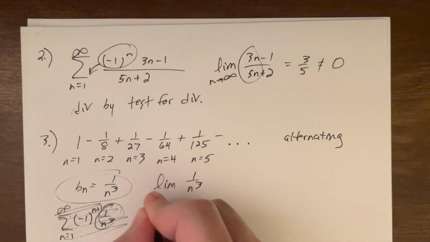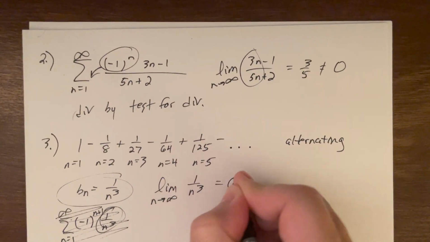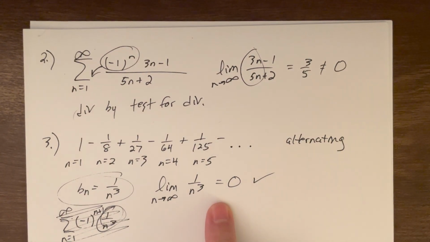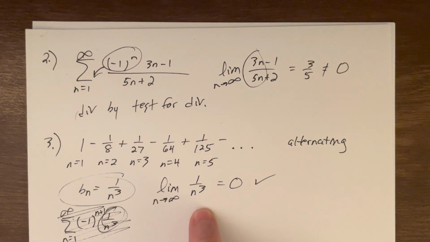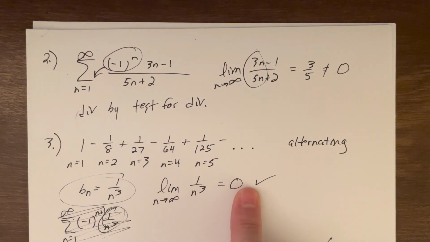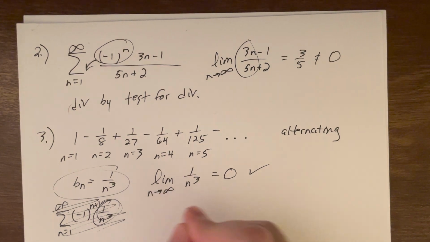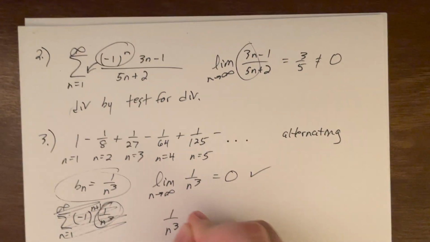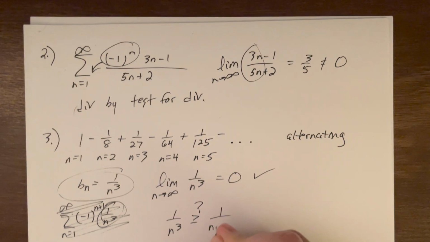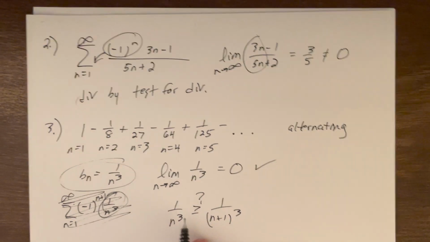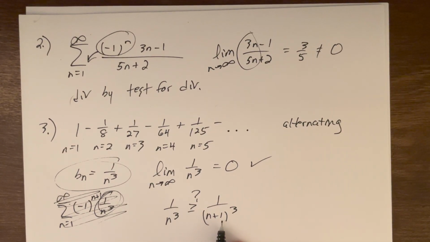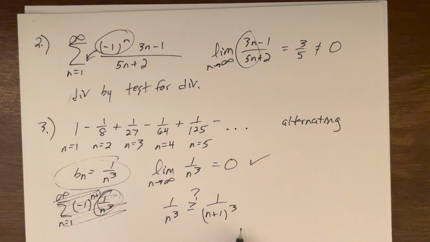This one works out super fast and easy. This limit is 0, check. Didn't even have to really work any dominant terms. It was just perfect. 1 over infinity cubed. 1 over infinity takes us to 0. The decreasing part, there's your b sub n. There's your b sub n plus 1. Is the inequality true?